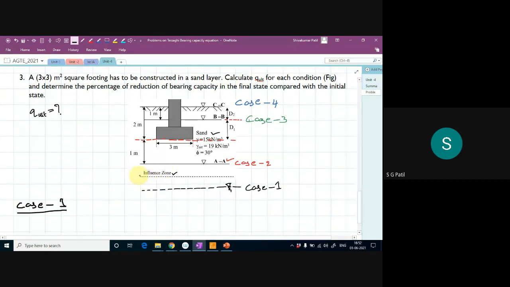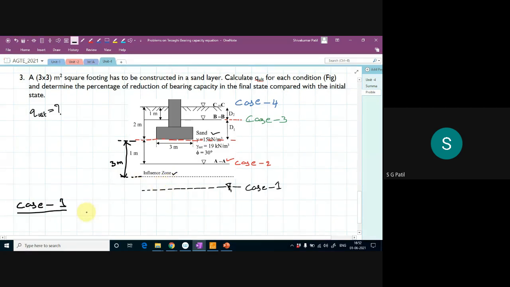See, this influence zone from the footing, what will be the depth? It is equal to 3 meter, whatever the width of the footing is. If your water table is beyond this level, then you need not worry about the water table, because it is not going to affect.